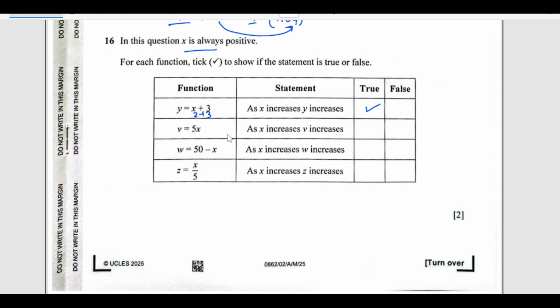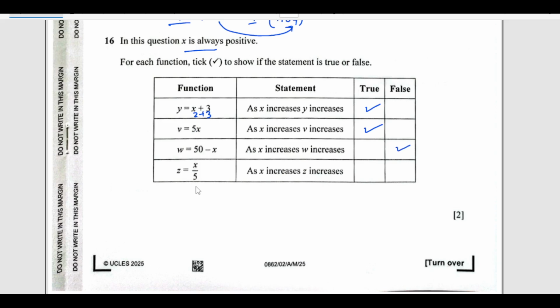Here again 5 times x. If x is positive, this is also increasing. Now here x is positive, so w will be decreasing because we are subtracting a positive number from 50. So this is false.